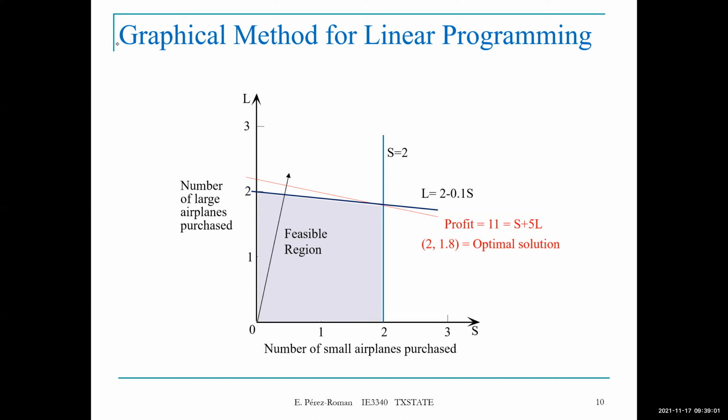So the optimal solution for this problem using linear programming will give us a fractional value for the large airplanes. So as we explained already, from a practical perspective, this is not a good solution. We know that 1.8, we cannot purchase 1.8 airplanes. So that's the problem.